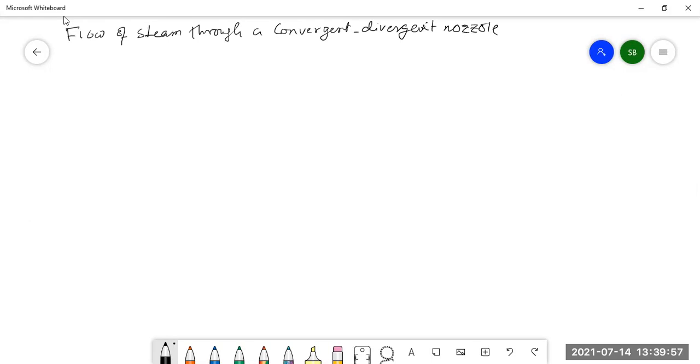Now the flow is adiabatic and no work is also involved.